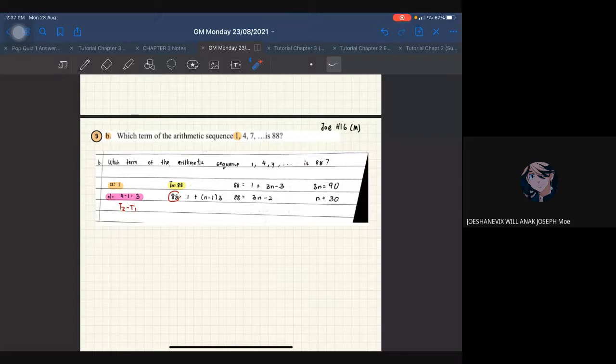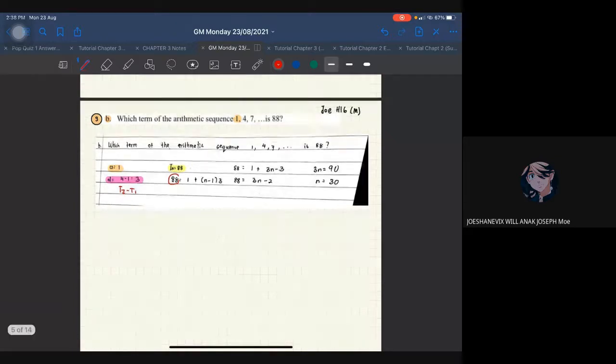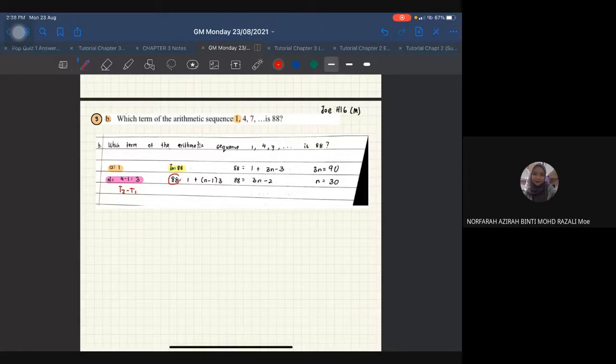Okay. Dah. Ada soalan untuk Jo? Tiada. Okay, sekejap. So kalau awak baca soalan, dia cakap which term of the arithmetic sequence yang diberi is 88. So kena fahamkan dulu soalan tu betul-betul. Dia nak kita cari apa sebenarnya? Nak cari A ke?